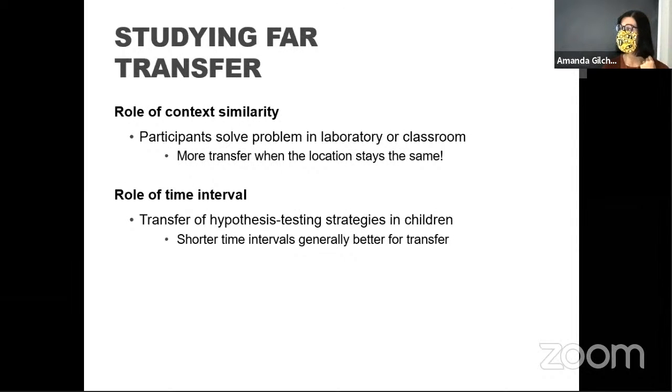We do find that when our location stays the same while we're solving problems, you're going to end up getting more far transfer. And that probably has to do with the fact that the environment around us and our context can actually serve as a really powerful retrieval cue.